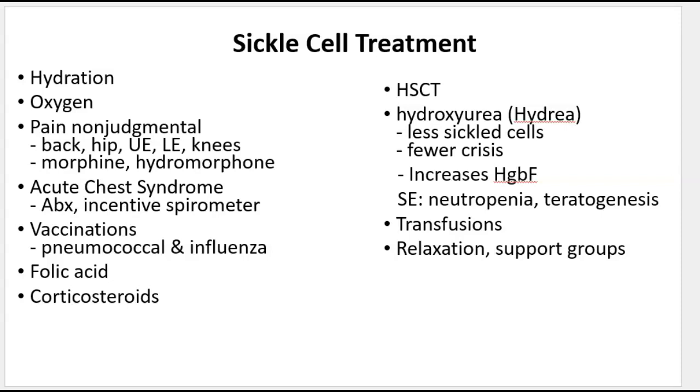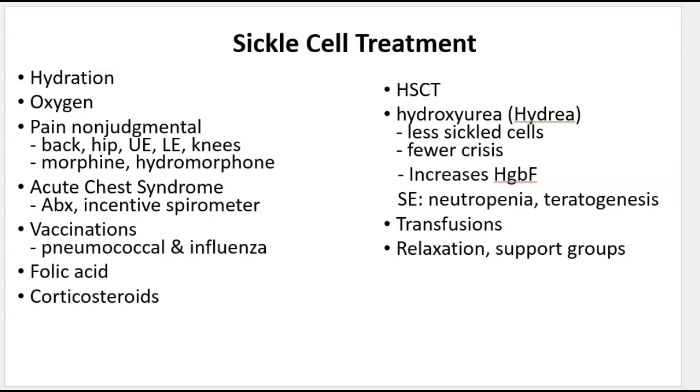Once somebody is in crisis or looks to be going into crisis, I put the HOP up here. You really have to hop to treatment, right? So hydration. One of my golden rules, if you have too much of something, you need to thin it out. So we have too many sickled cells and they're close together, so let's thin them out. Fluids, we can expect fluid boluses. Oxygen, because of the hypoxia at the tissue level.